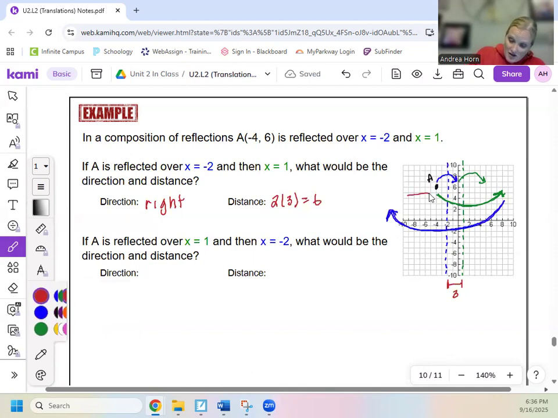So my direction takes my point left of my pre-image point. And how far? Still double the distance, no matter what. How you do the double reflection depends on which direction you go, but you're always going double the distance in that direction.